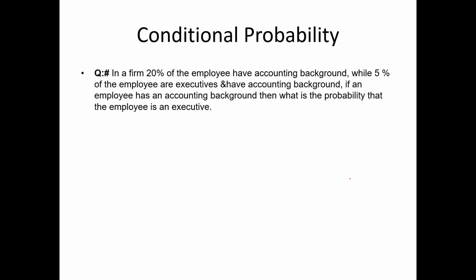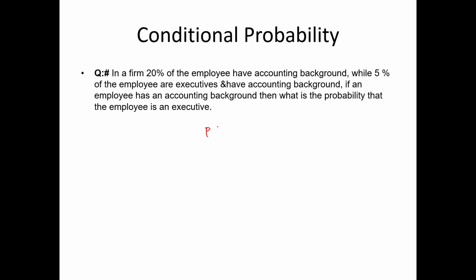There is another question. Now we will go further into a more complex question, because I am hopeful that you now understand the basic meaning of conditional probability. In conditional probability, something is known to you, and now you know the basic rules. In a firm, 20% of the employees have an accounting background.